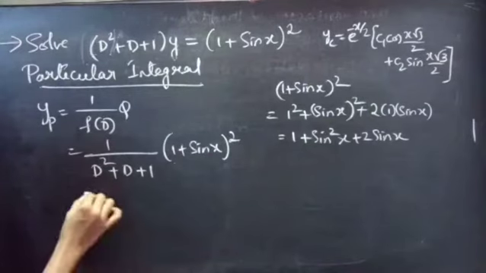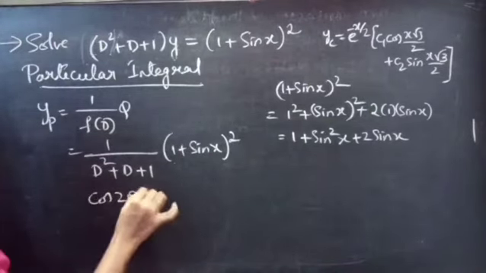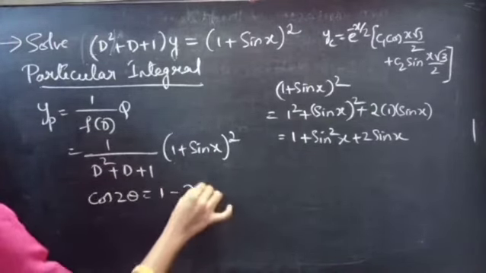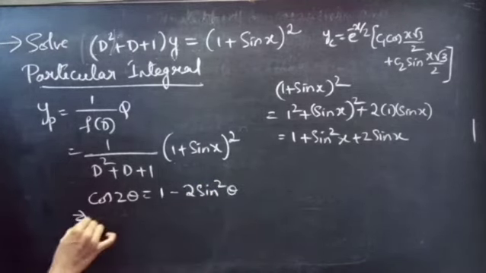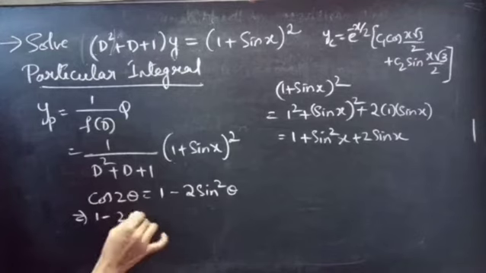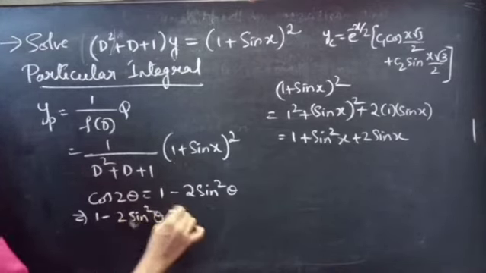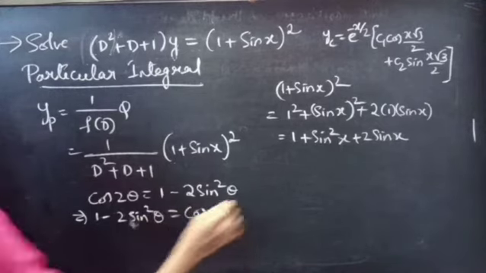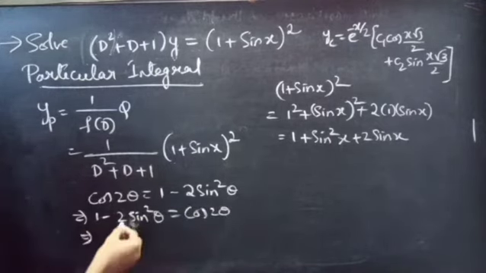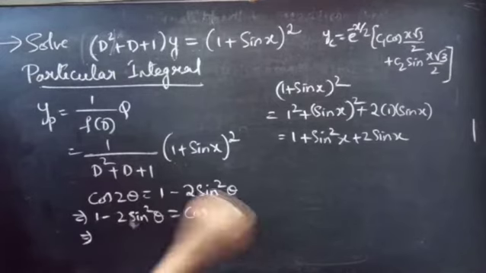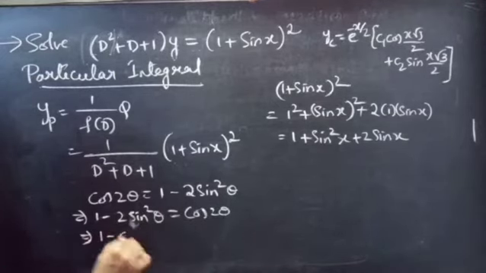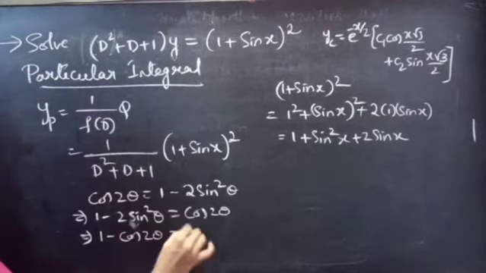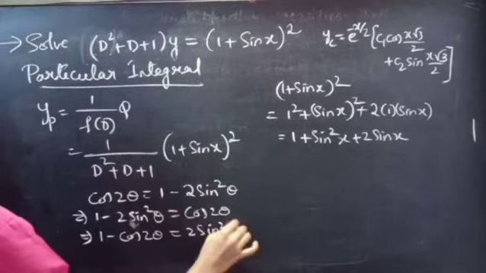We know that cos 2 theta equals 1 minus 2 sin square theta. Now take the 2 sine square theta to the RHS and bring cos 2 theta to the LHS. We'll get 1 minus cos 2 theta equals 2 sine square theta.